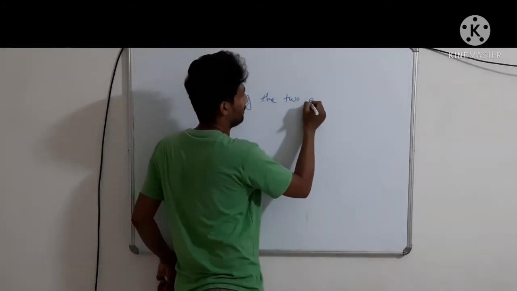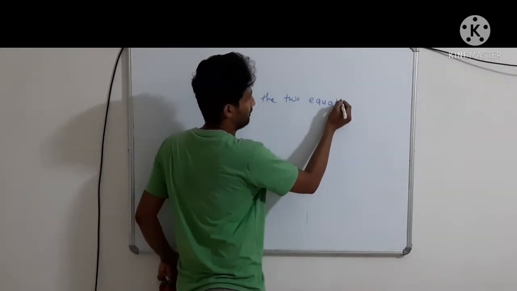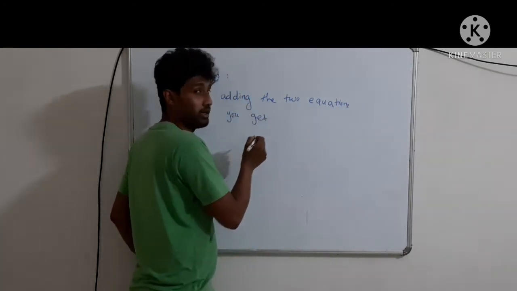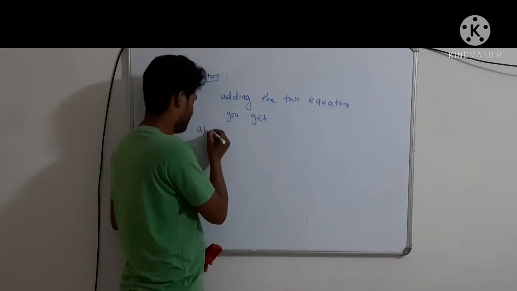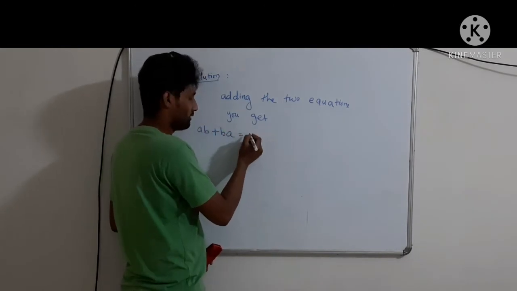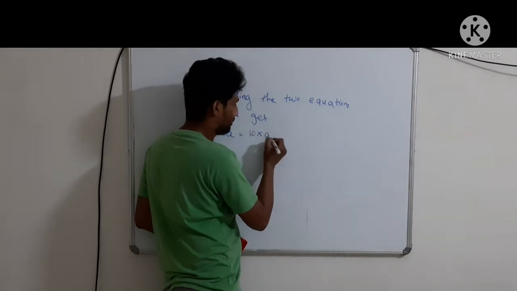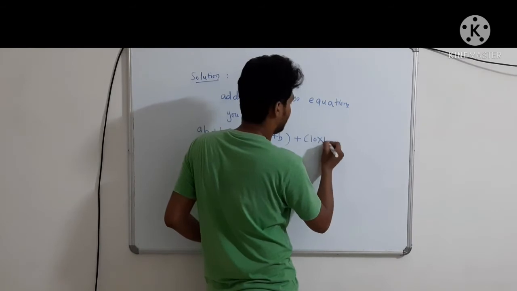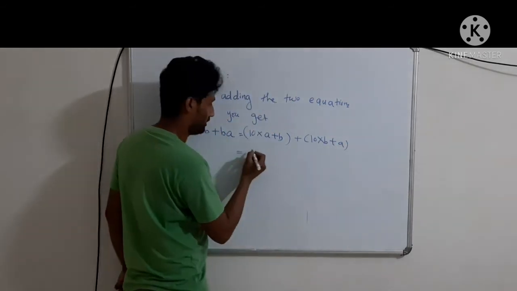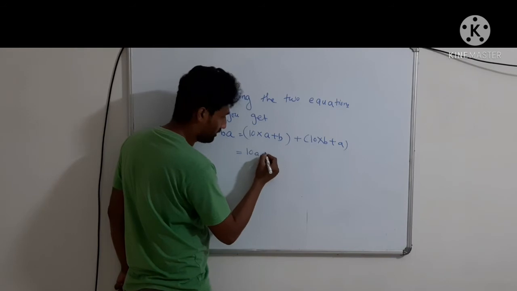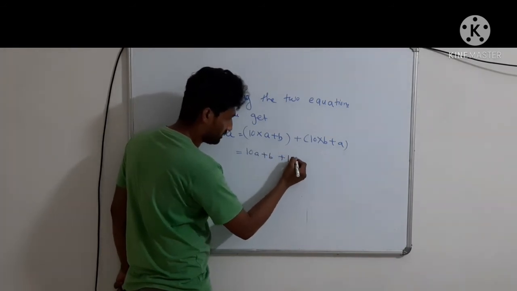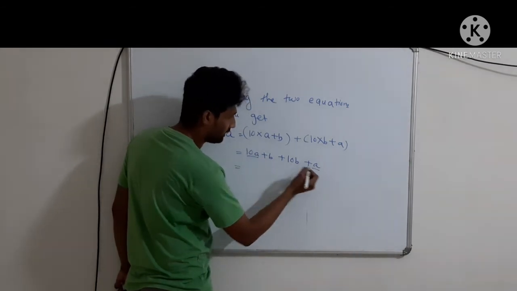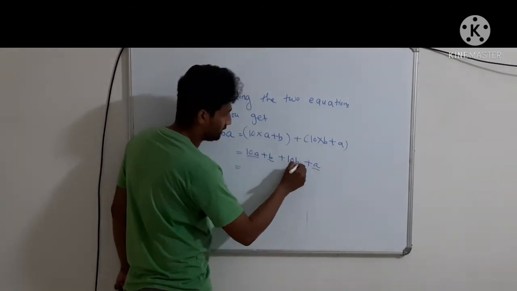Adding the two equations, you get, what do you get? AB plus BA is equal to 10 into A plus B plus 10 into B plus A, which is equal to 10A plus B plus 10B plus A is equal to this and this will get added, this and this will get added.